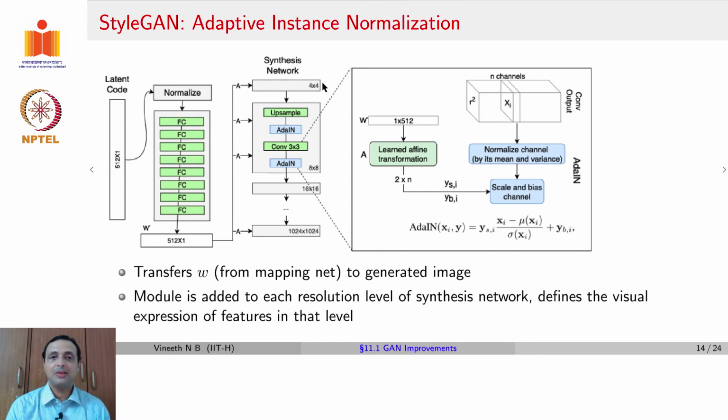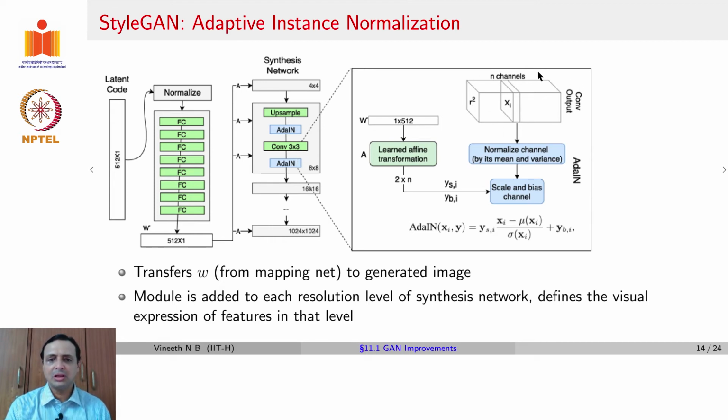You can see here that the synthesis network or the generator in StyleGAN has an upsampling module and then has something called adaptive instance normalization, which we will see in a minute, which is followed by a convolutional layer and then another adaptive instance normalization layer, and then this is repeated over multiple blocks. Let's take a look at one of these combinations of convolutional and adaptive instance normalization layer.